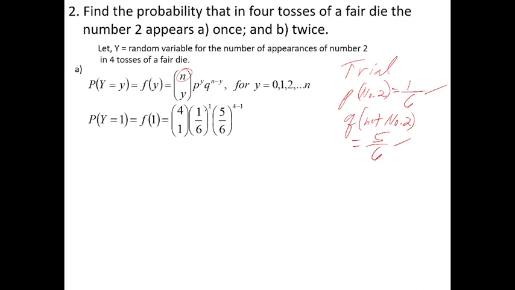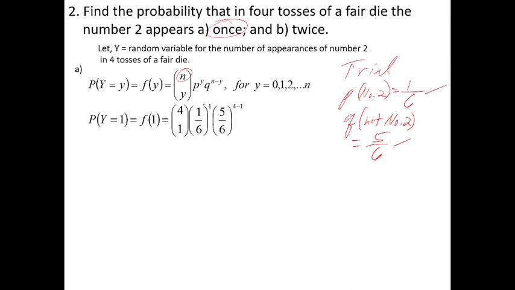Okay, bakit ito 1? Kasi meron tayong given na appears once. Appears once lang eh. Okay? So, sa 4 tosses, ano yung probability na yung number 2 mag-a-appear lang siya ng isang beses? So, 4c1. Okay?